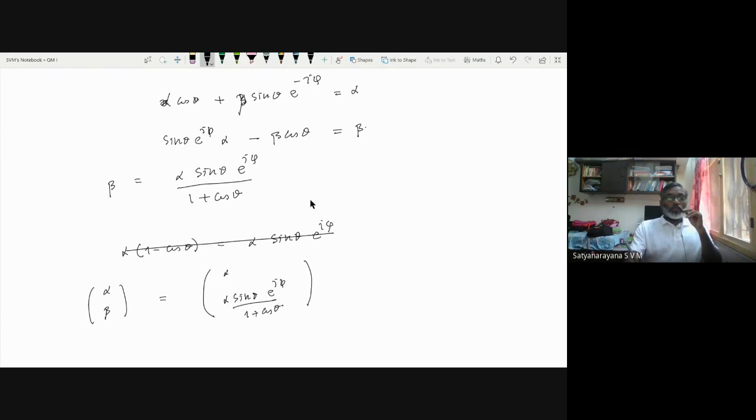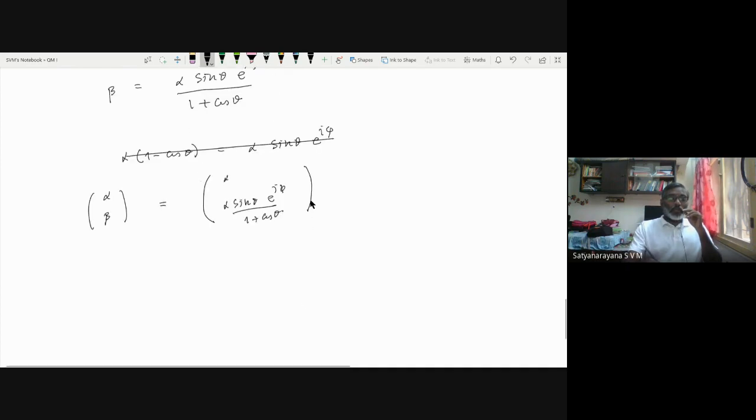Now we have to normalize this one. So how do we normalize? Mod alpha square plus mod alpha square sin square theta divided by 1 plus cos theta the whole square. The square root of this is your norm.